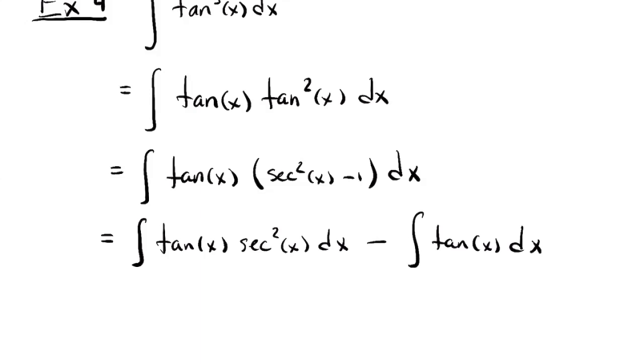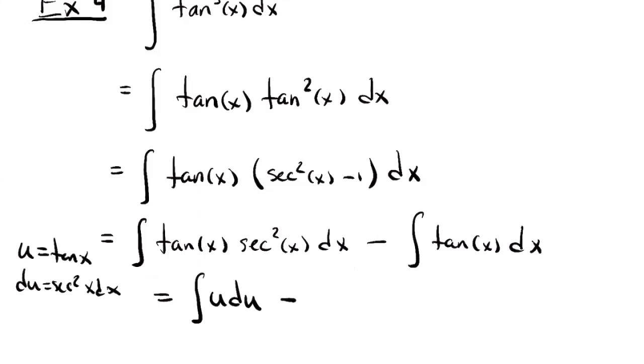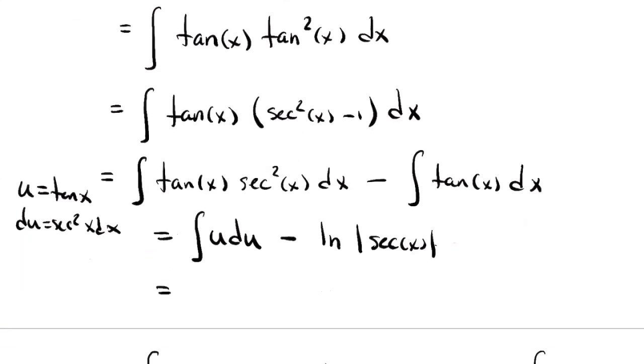This first one we can do with an elementary substitution: if we let u equal tangent, du is secant squared. So this first integral just has the form u du. The second integral is the one we just did above, the natural log of the secant of x. The antiderivative of u is 1/2 u squared, and since I'm out of room here, I'm going to substitute back all on one line.